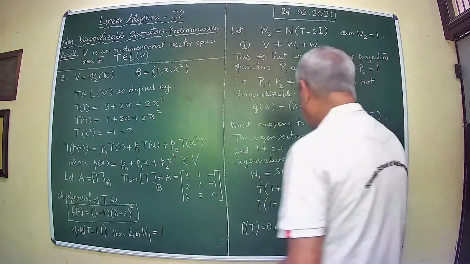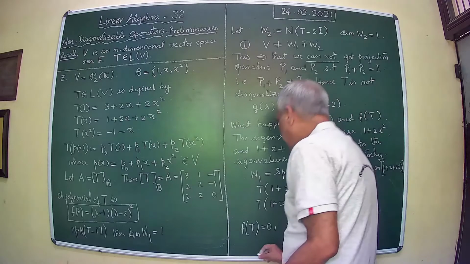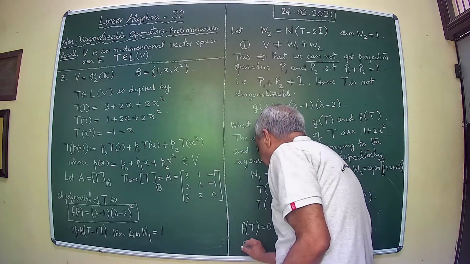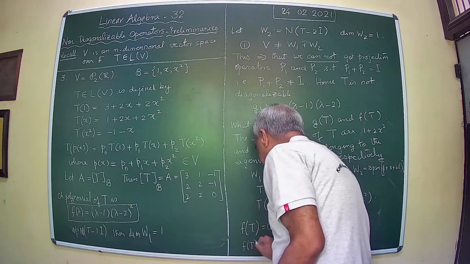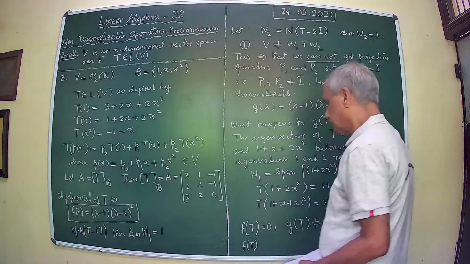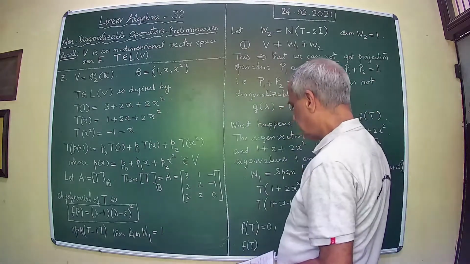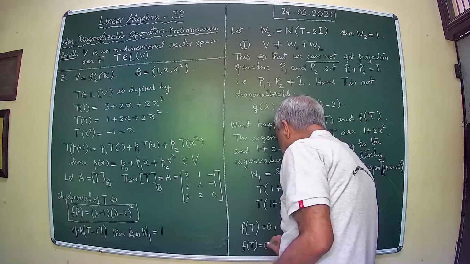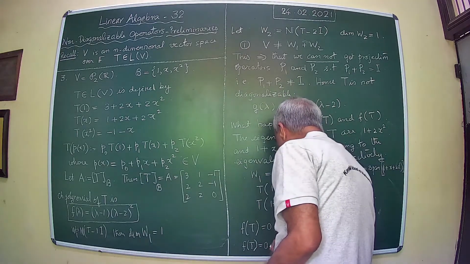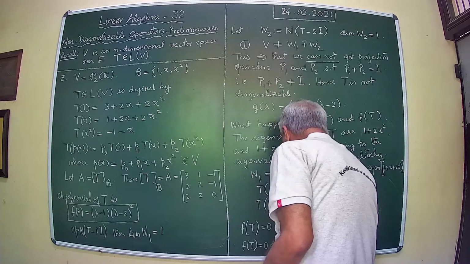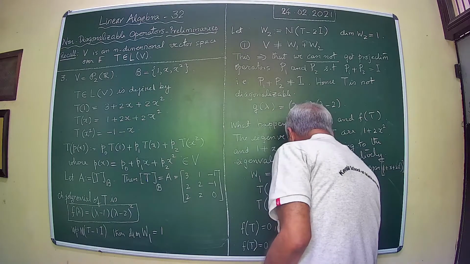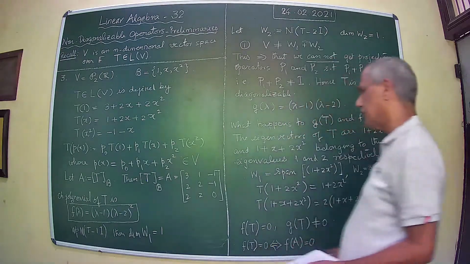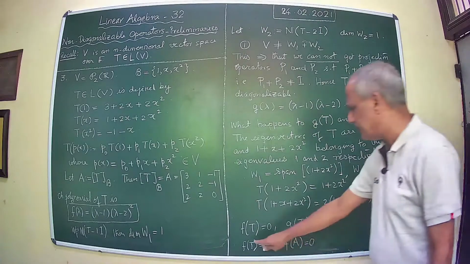Now you see that f(T) equals 0 if and only if f(A) equals 0. So we have to only compute. Now this is quite easy to see.